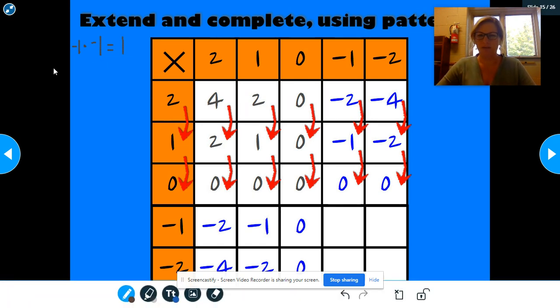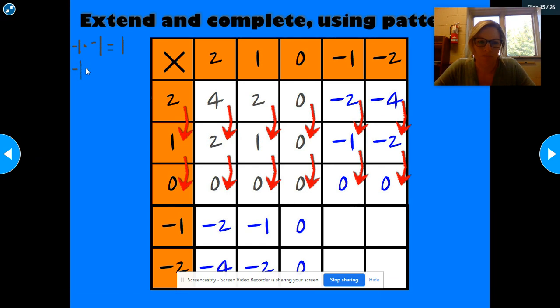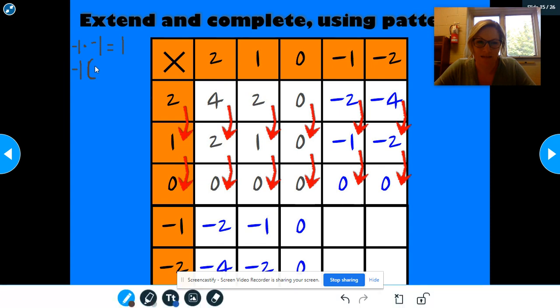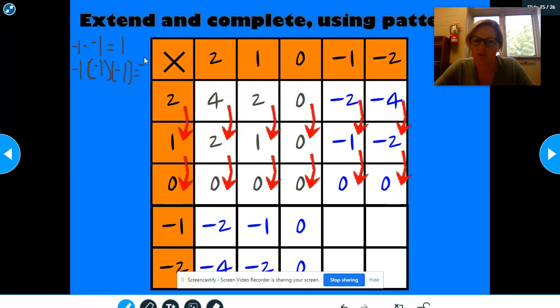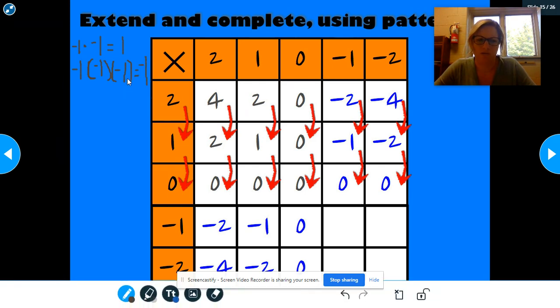That's weird. You have two negatives. In addition, if you add two negatives, it's negative. Weird. Okay. We have negative 1 times negative 1 times negative 1, that equals negative 1. Weird.